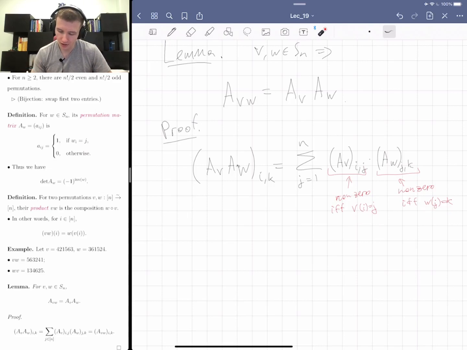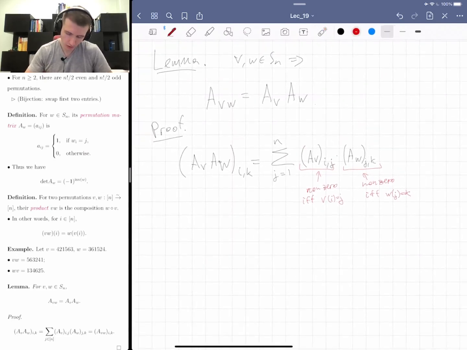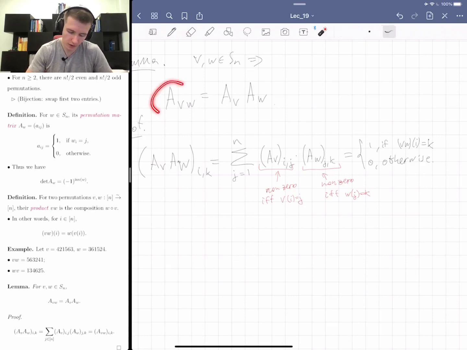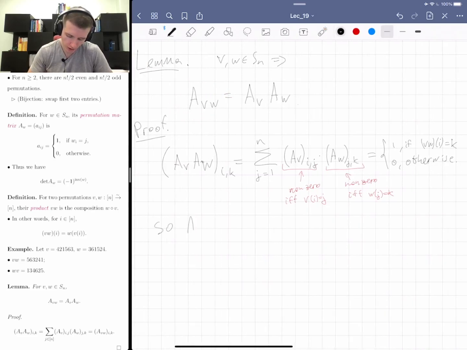That's the only condition where I can get a non-zero product here, and in that case it's going to be equal to 1. So this is 1 if VW of i is equal to k, and 0 otherwise, which by definition is the matrix A sub V times W.